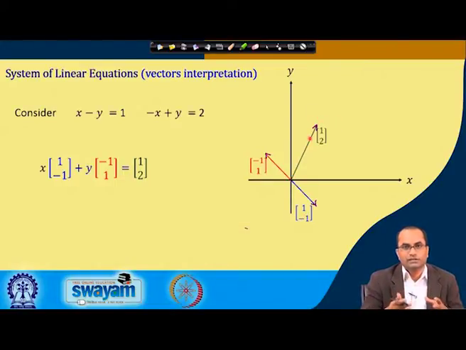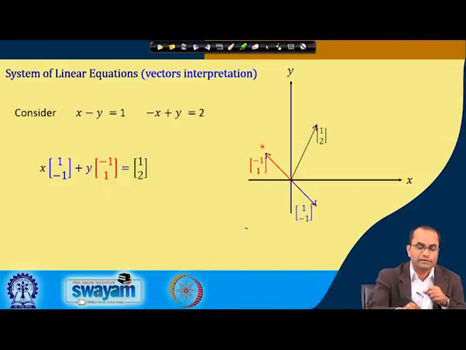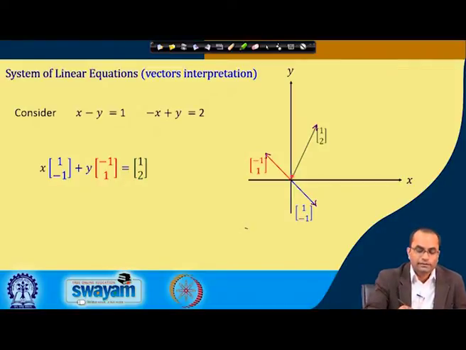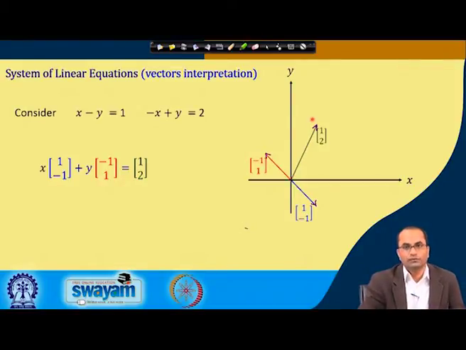It is clearly visible here that this is not possible, because these two vectors are parallel. We can get anything parallel to these two vectors, but we cannot get, for instance, 1 and 2, which is not parallel to the given vectors.